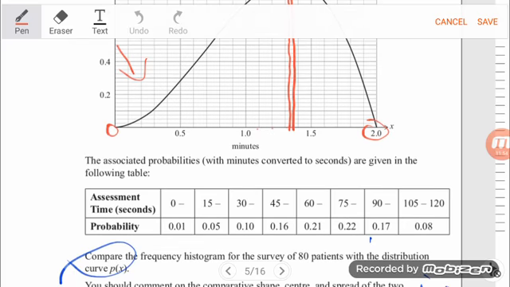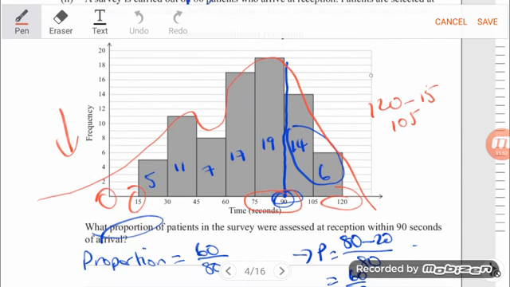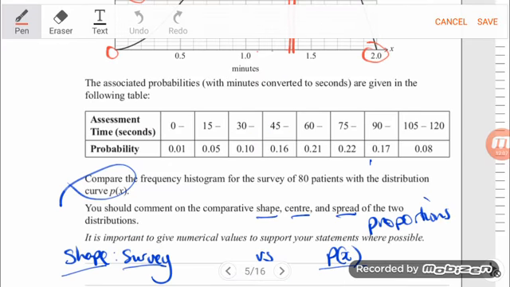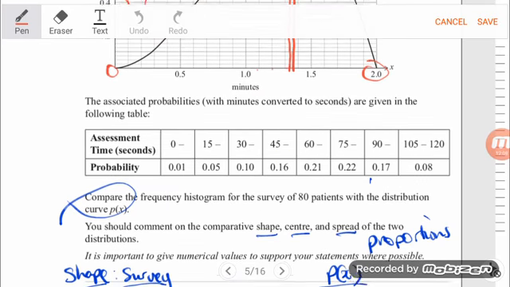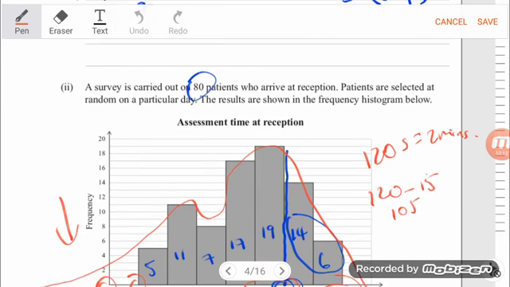Oh, but in saying that, let's put this into perspective. So 120 seconds is equal to 2 minutes. Yep, it's 2 minutes.